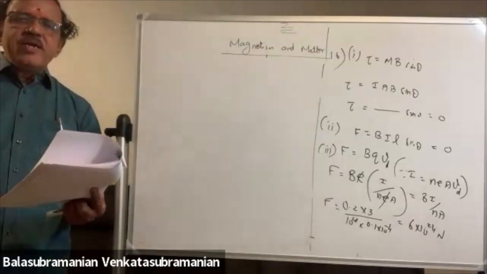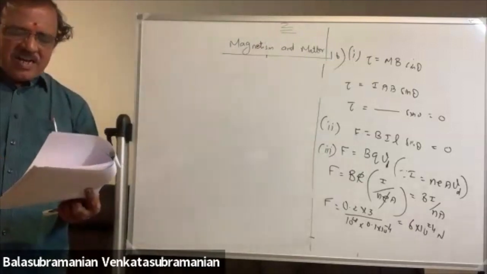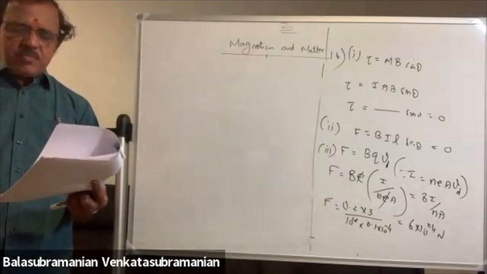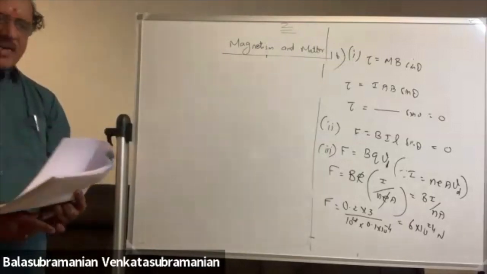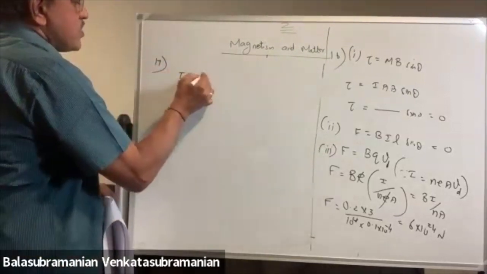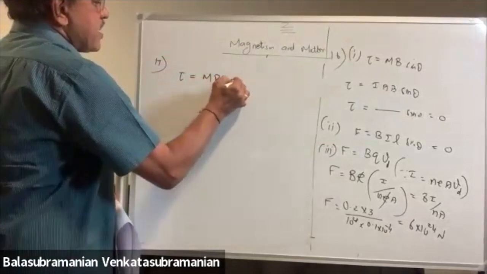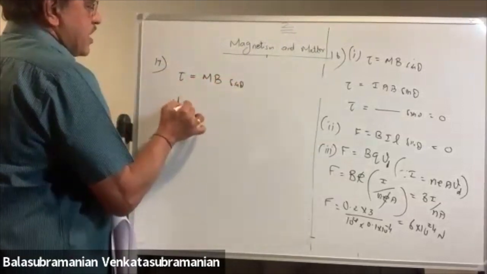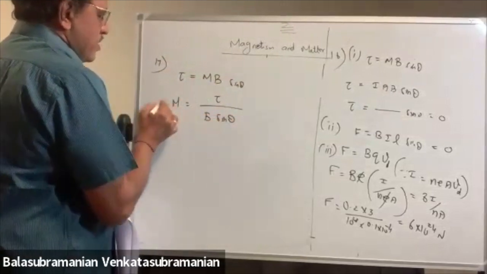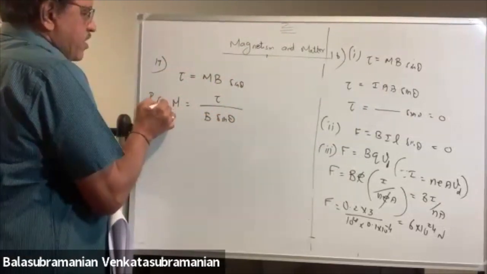Magnetic field is 0.8 Tesla, angle 30 degrees, torque 0.2 Newton meter. You have to calculate the magnetic moment. So tau is equal to MB sin theta. M you have to calculate: tau by B sin theta.